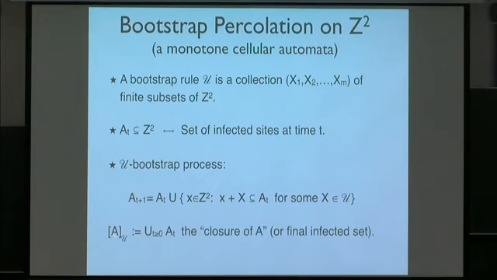The closure of the initial set of infected vertices A is denoted with square brackets, and it is the union over all possible times of the infected vertices.